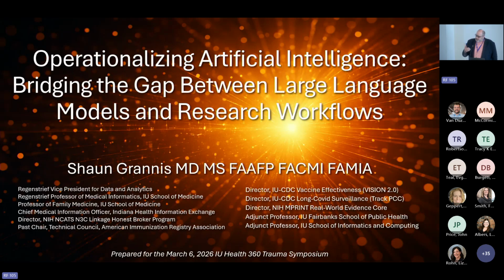And I want to give you some context into what's happening, because that implies what some of the features and functionalities are going to be, what we can do with AI moving forward. And then I'm going to talk about AI and research with that context in place. So we're going to do what's new, and then we're going to do how does that apply to, and what can we do with, AI and research.